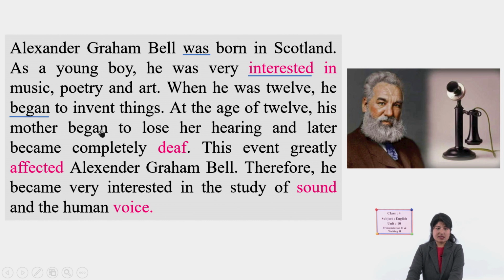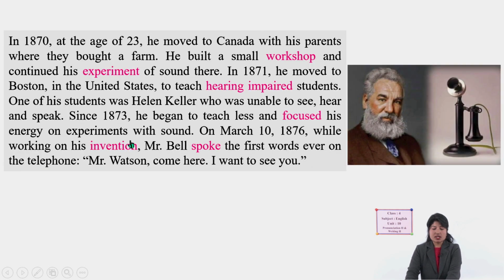Begin, began. Then after, became. Okay, became, began, the same. That's why let's not underline again. Became. After that, affected. Okay, affected. Then what's there? Became. I actually repeated it, right? This is became again. Oh, that's all.